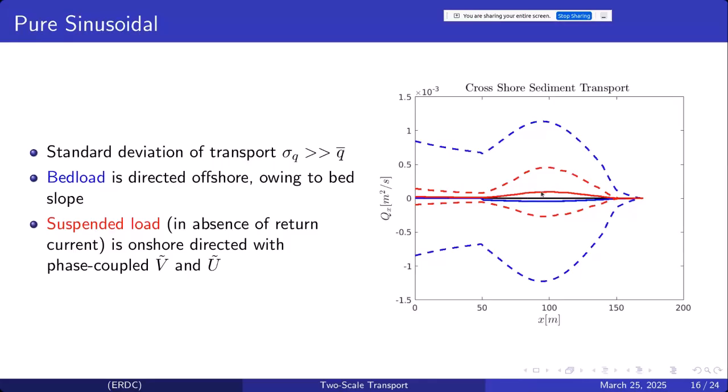The solid red line is the suspended load, and the suspended load in this case for these sinusoidal waves is directed onshore, and that's because, first of all, we don't have a return current. In this case, remember, they're purely sinusoidal waves. And so we have the phase coupling of the cross-shore velocity and the sediment concentration, which acts to move the sand onshore.